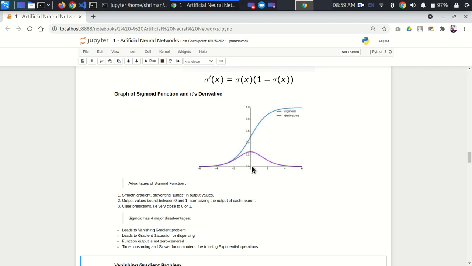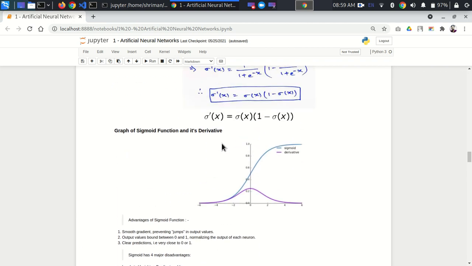So basically its output should only be in terms of 0 to 1, because this function does not go below the x-axis. So 0 will be your minimum value and 1 will be your maximum value. This would be its output range, right?